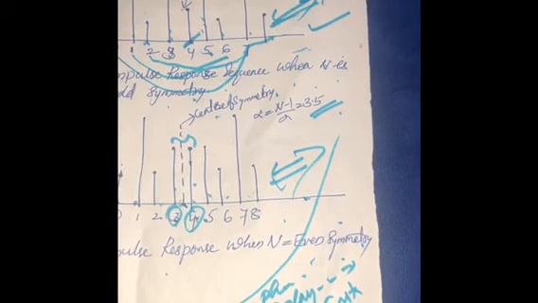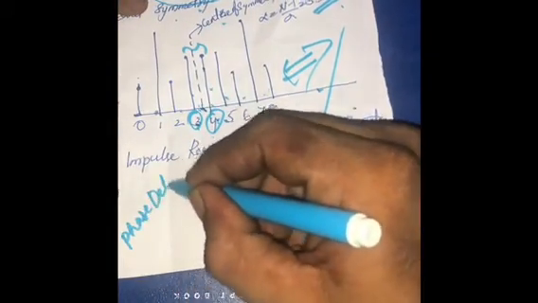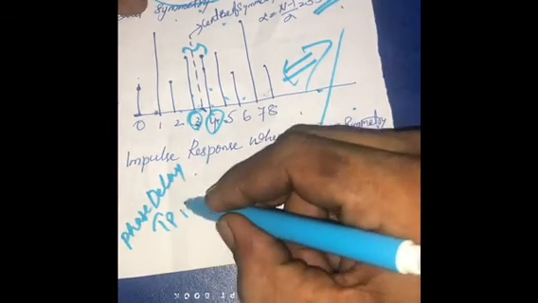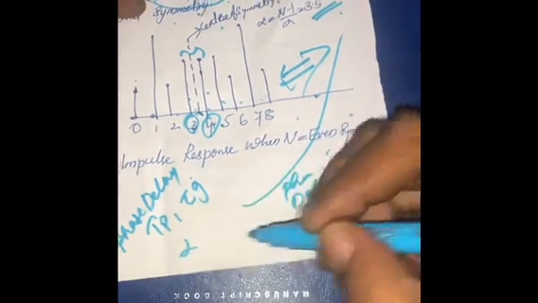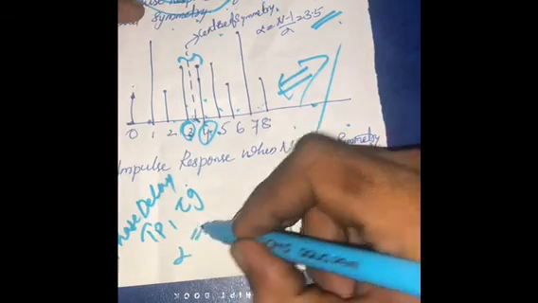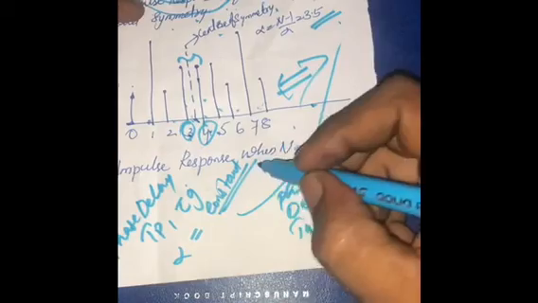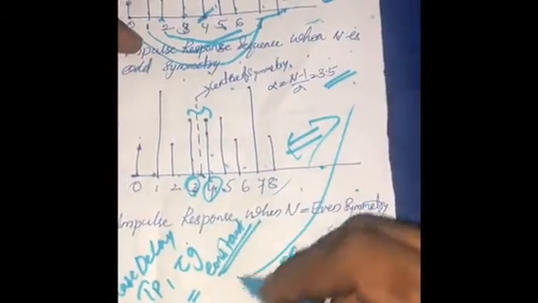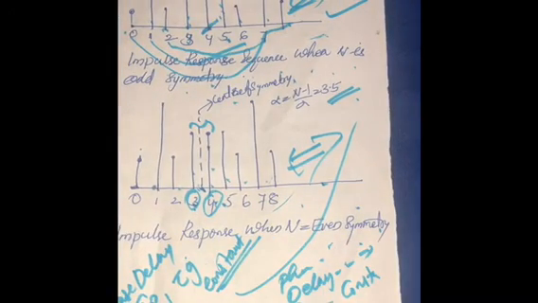So from this analysis, we got the phase delay tau P, group delay tau G, and delay constant alpha are equal and constant, and they are independent of frequency. Also, from these two graphs, it is clear that the impulse responses are symmetric around their center.